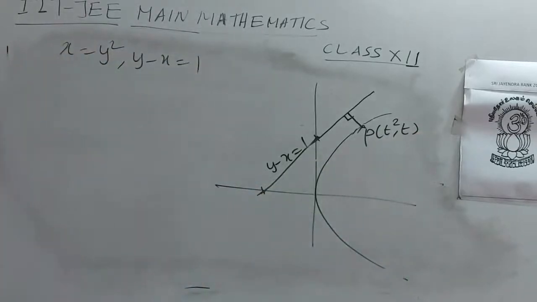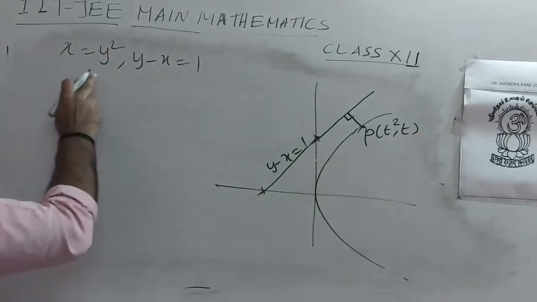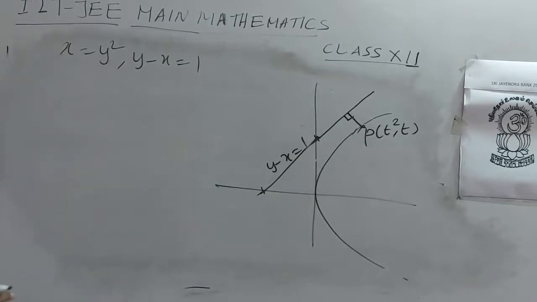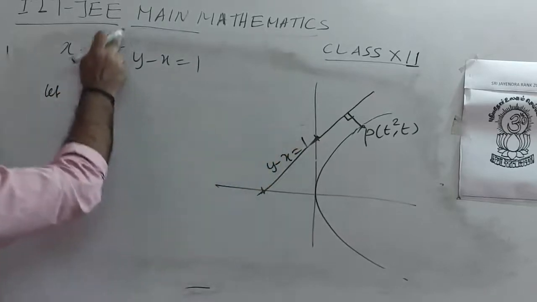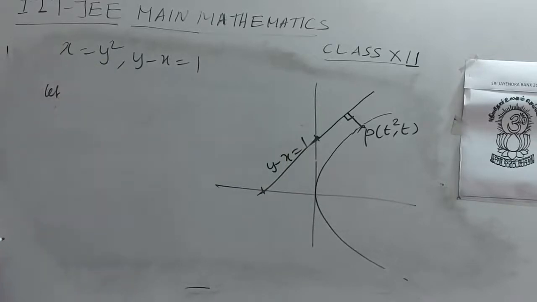Let the point be t comma t. If you take y equal to t, x will be t squared, so t squared comma t will satisfy this curve.